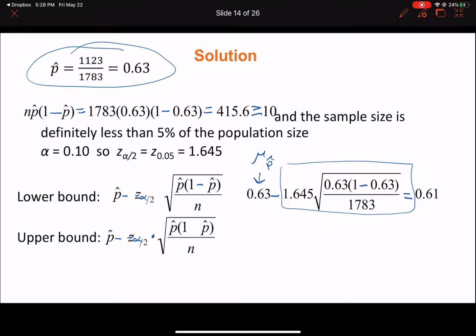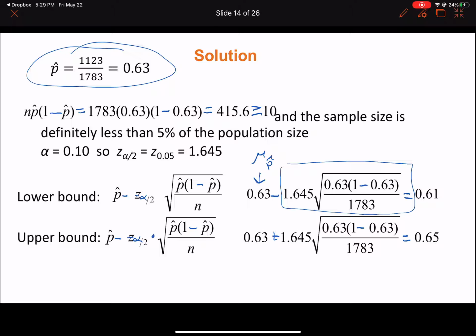This gives me my lower bound. And then we have the 0.63, which once again is my mean, or my p-hat, plus my margin of error, gives me this. So this right here is my confidence interval. So those are my answers.